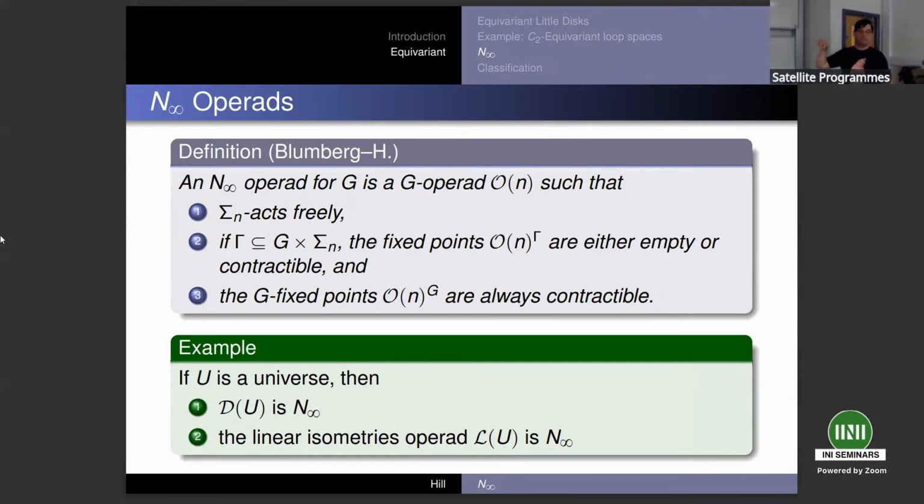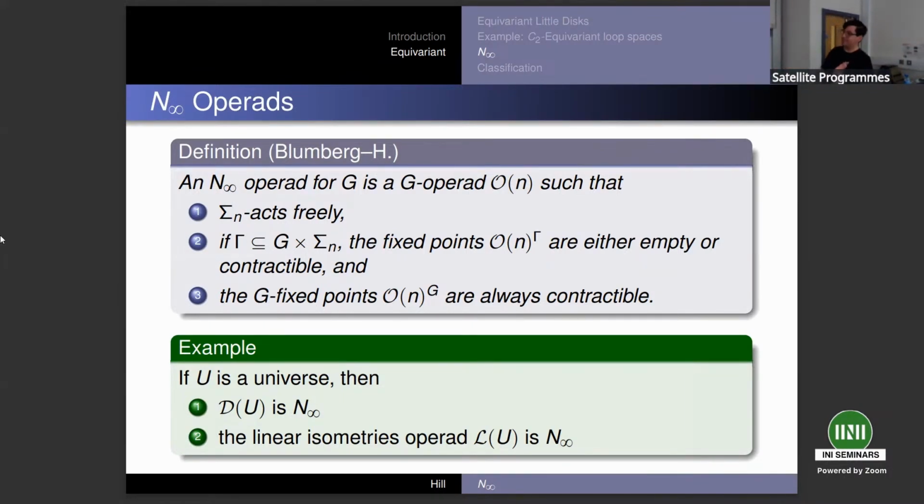If I ask that they be instead a universe, so that means the trivial representation sits inside there, and if a finite dimensional representation sits inside that universe, then infinitely many copies of it sit inside the universe. Those two things together guarantee that, in fact, the little disks in U is always an example of this, that all of those fixed point spaces look like configuration spaces of points in a big infinite dimensional Euclidean space, and those are always contractible. So they always give me contractible spaces.